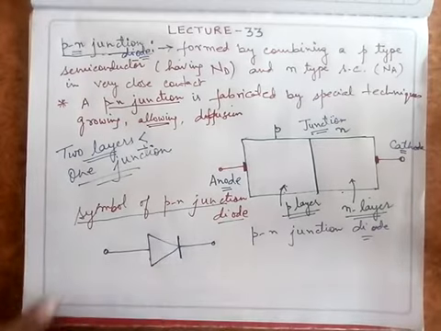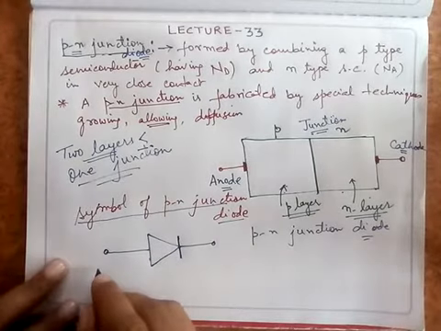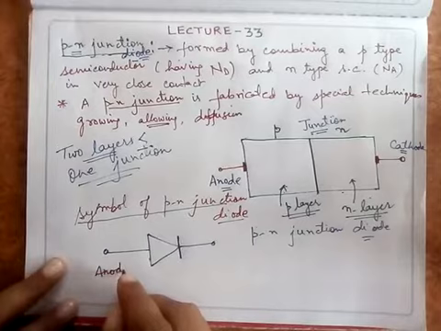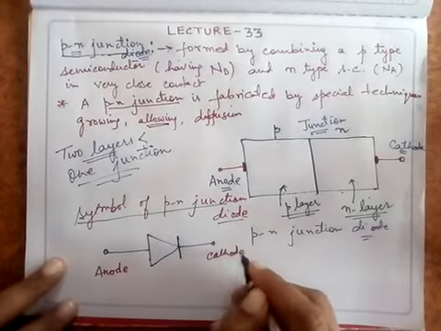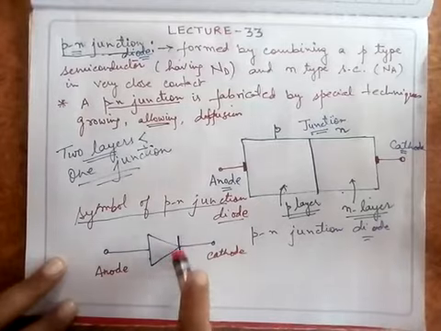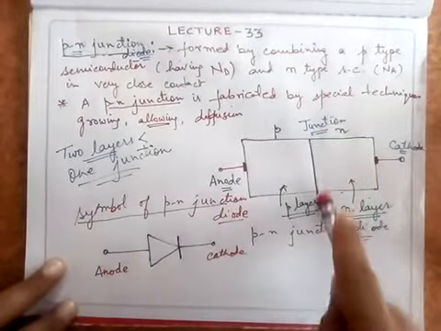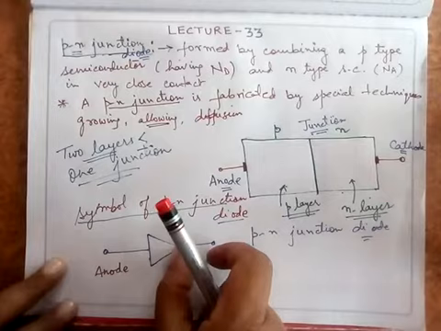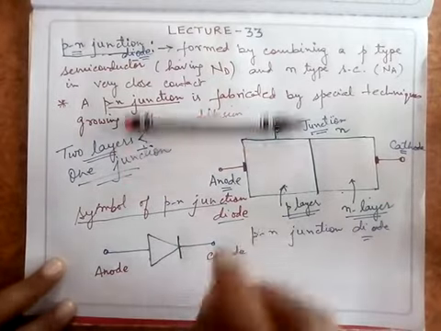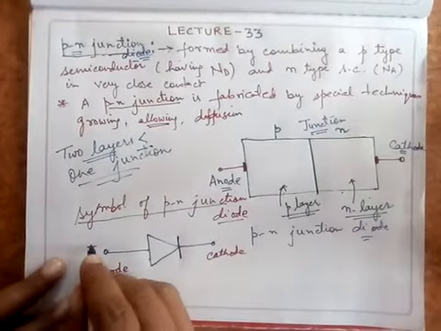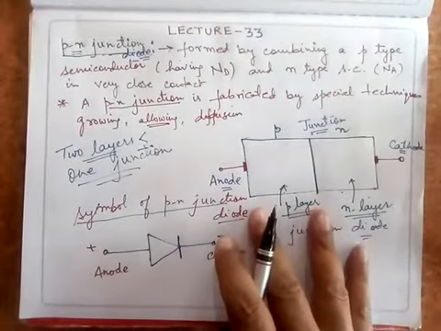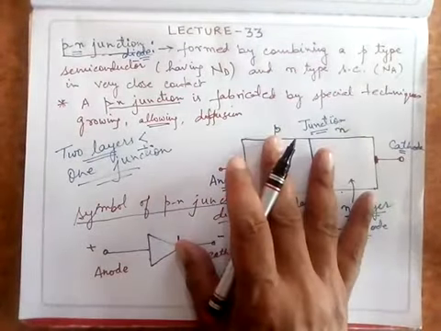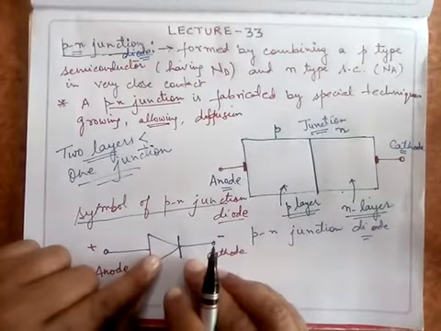This is called the anode and this is called the cathode, and this represents the PN junction. This line represents the cathode, this is the anode. You have a junction here, and of course the anode I show with a positive sign, and this with a negative sign. I hope that the basics of this PN junction and its symbol are clear to you.